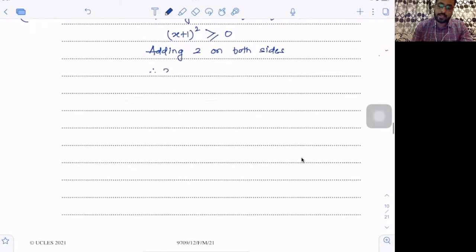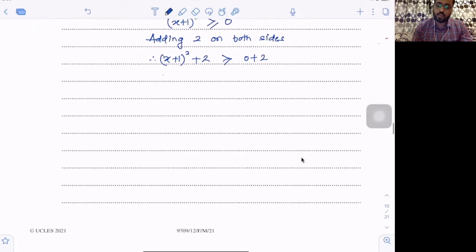So I get x plus 1 the whole square plus 2 greater than or equal to 0 plus 2. I now know that x plus 1 the whole square plus 2, this term is basically y. So y is greater than or equal to 2. The value of y will always come greater than or equal to 2.